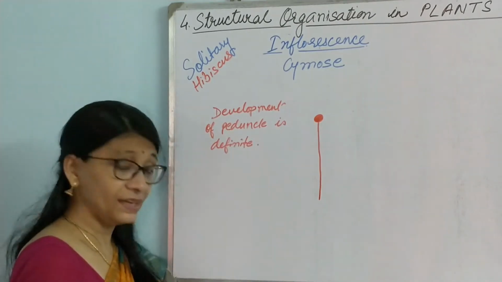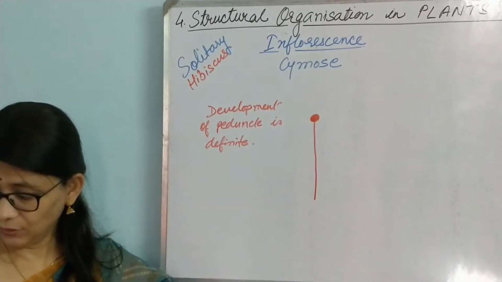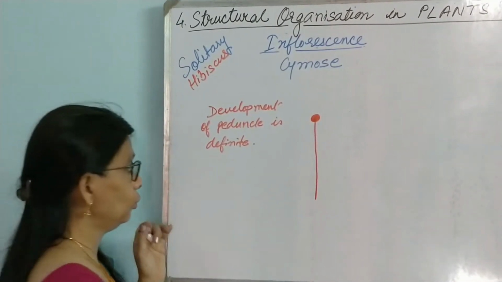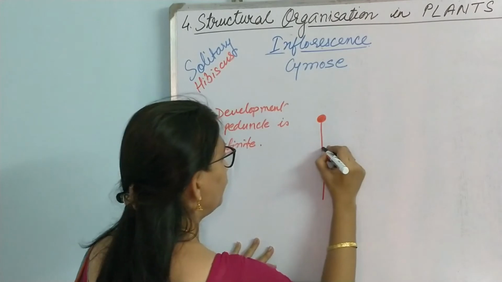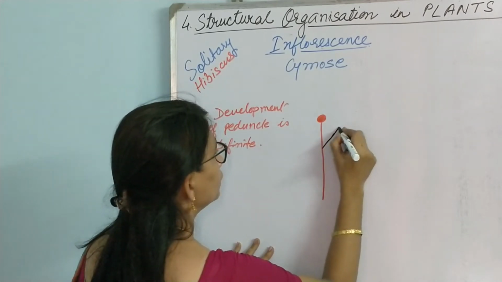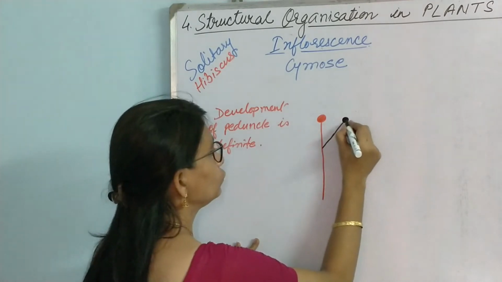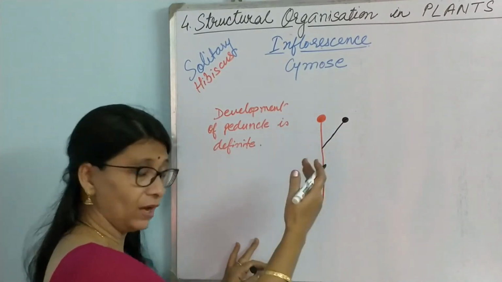Since it ends in a flower, what happens? The other branch will grow from a point below the terminal flower, and it will also terminate in a flower.